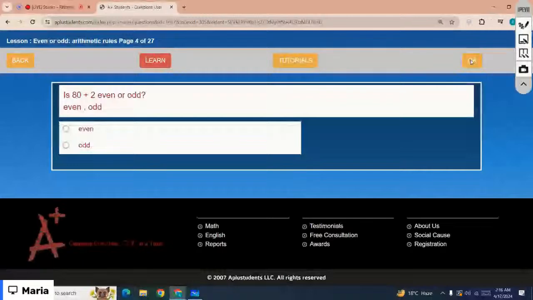Is 80 plus 2 even or odd? The correct option is even. When you add two evens, the answer is also even. The correct option is even.